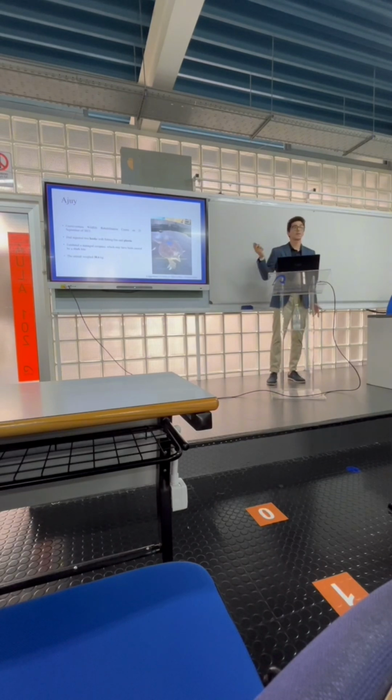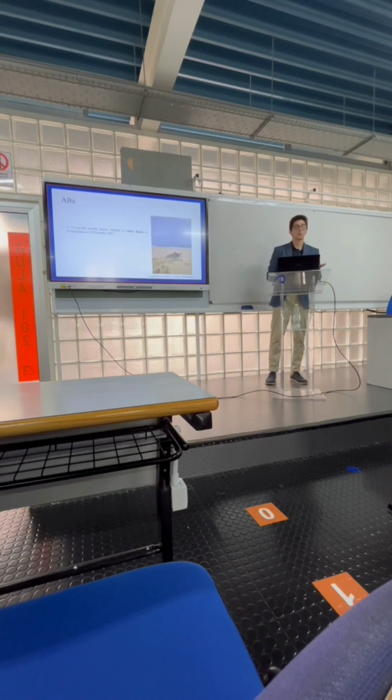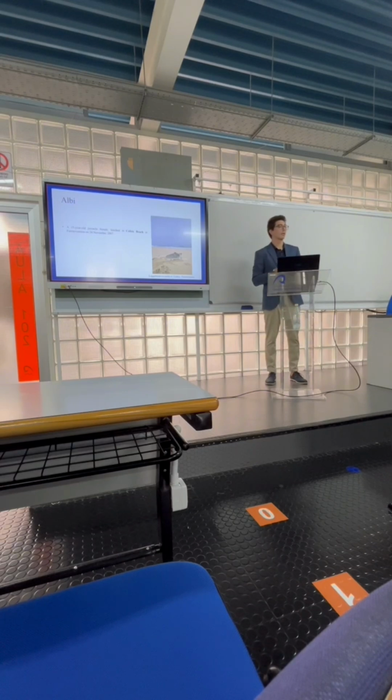Then we have the second turtle that we used, Albi. In this case, Albi was a captivity-born animal, 15 years old. It was hatched on Cofete Beach in Fuerteventura in November of 2007. This egg was relocated from Boavista Island in Cape Verde to Cofete Beach in Fuerteventura.